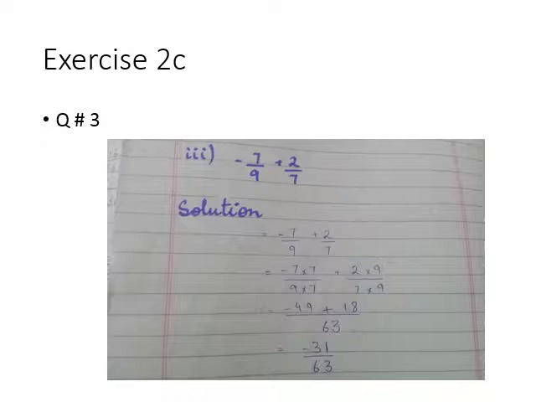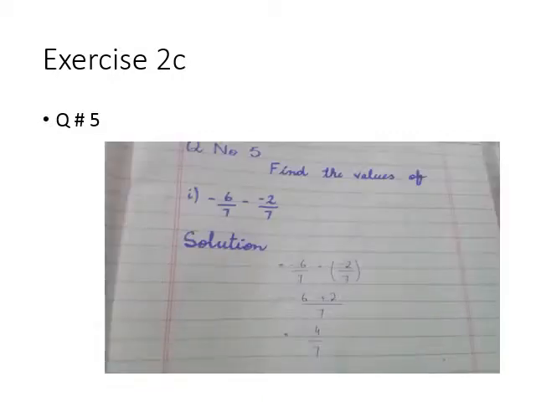Next, in the first fraction we will multiply both numerator and denominator by 7, and the second fraction we will multiply both numerator and denominator by 9. We will get minus 49 plus 18 over 63, and the answer is minus 31 over 63.